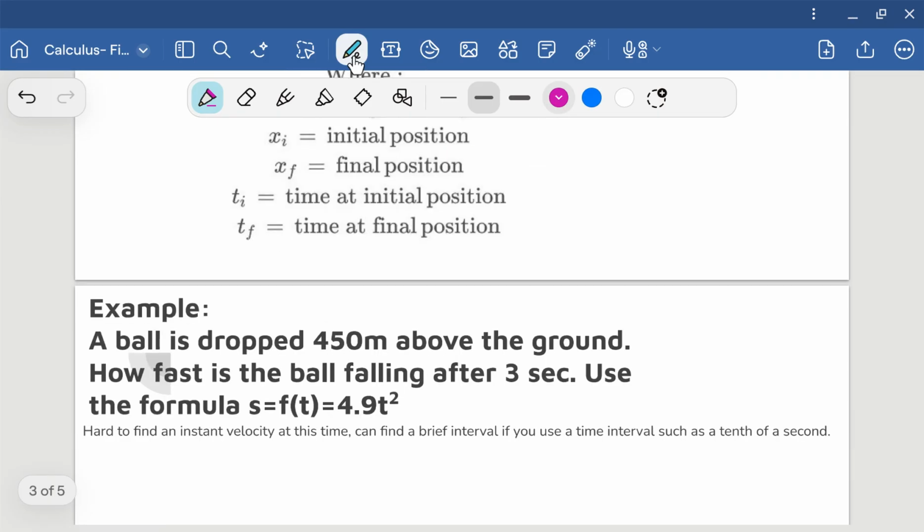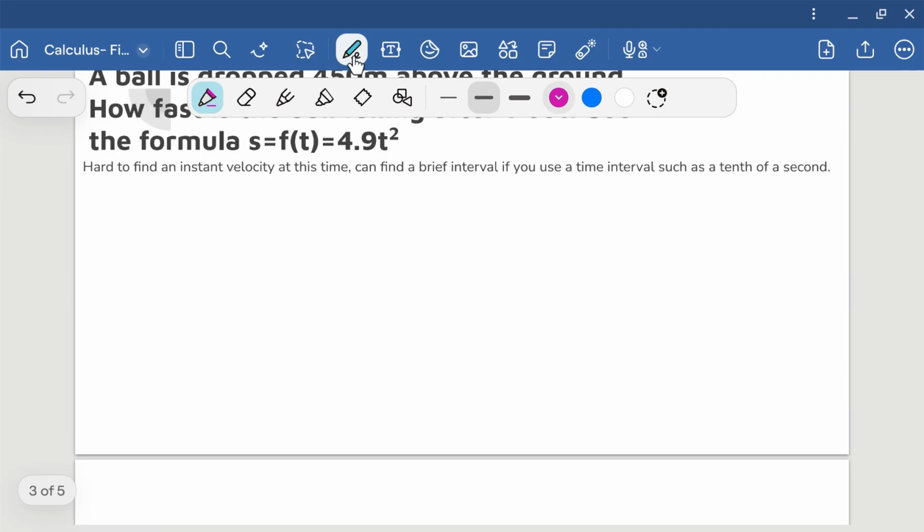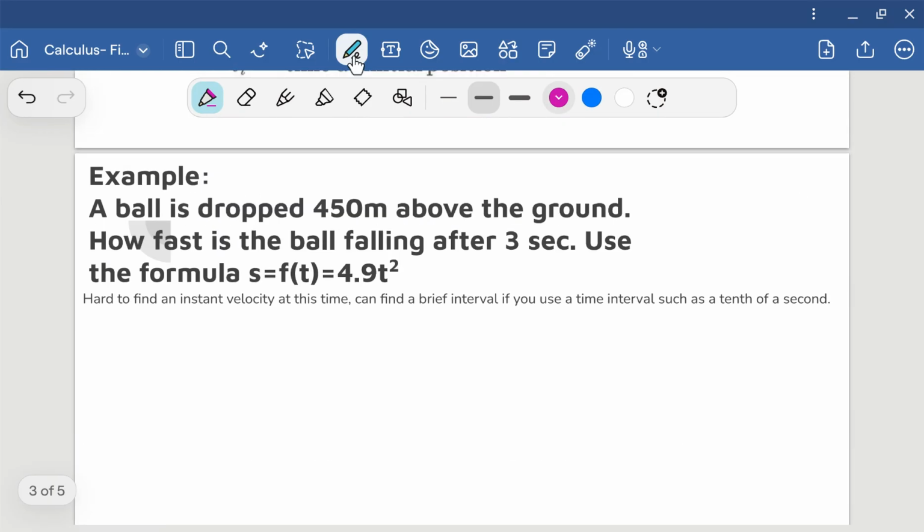Now, if we look at our first example, the ball is dropped at 450 meters above the ground. How fast is that ball falling after 3 seconds using the formula f of t equals 4.9 t squared? So here, just this note at the bottom that's written kind of small, that it's hard to find an instant velocity at that time, but we can make it so that we have a very, very brief time interval, such as 1/10 of a second.